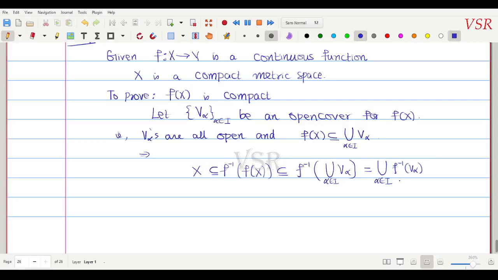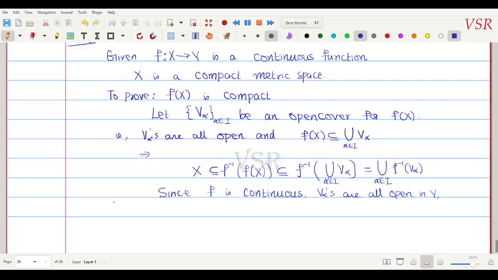Now since f is continuous, and V alphas are all open in Y, we have that inverse image of an open set is open.